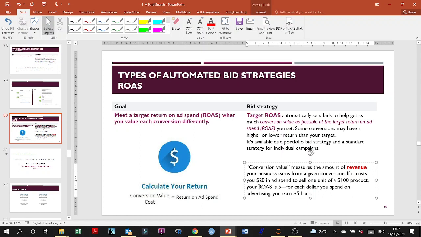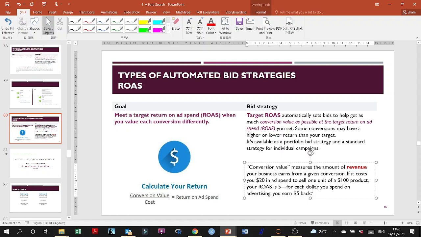If it costs you $20 in ad spend to sell one unit for $100, then your return on investment, it's actually 20 over 100.